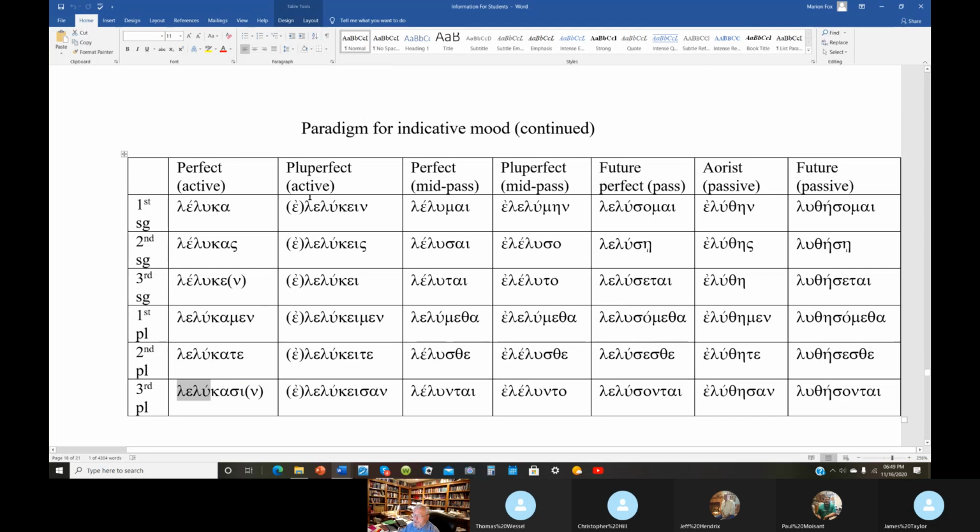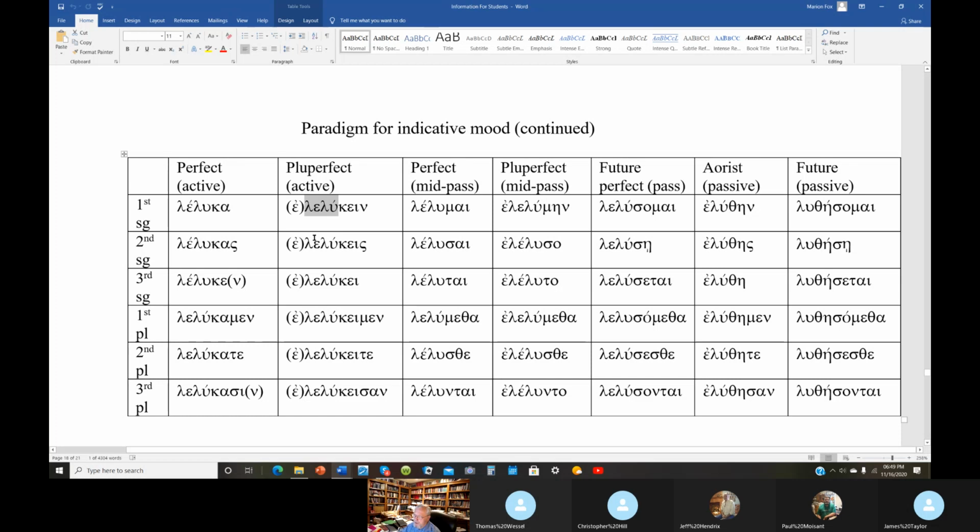Now we come over here to the pluperfect active, which is new to your paradigm chart. I just added it. And we have here, there's your stem. The pluperfect, sometimes, not always, the old classical pluperfect added an augment to it. So some of our verbs will have augments and some won't.